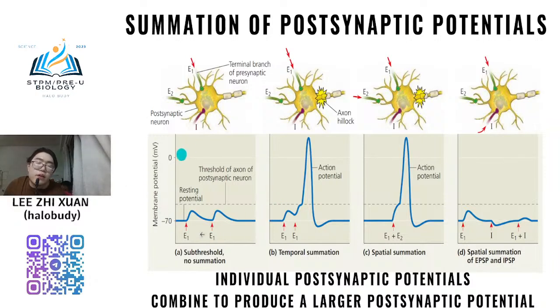You will see this first situation, no summation, meaning that the impulse from E1 and E2, you see E1 and E2 is different, is only from E1 only, meaning that the nerve impulse is only coming from this first part only. The other dendrite does not receive any impulse, only E1 receives impulse, and the impulses received are at separate times.